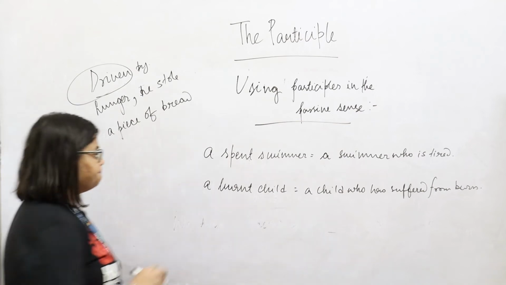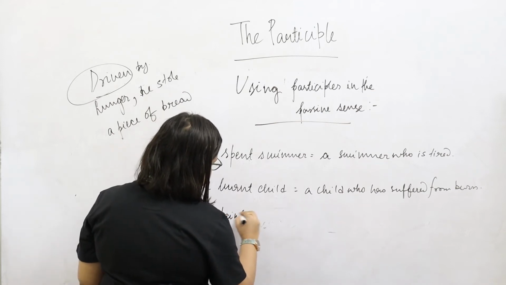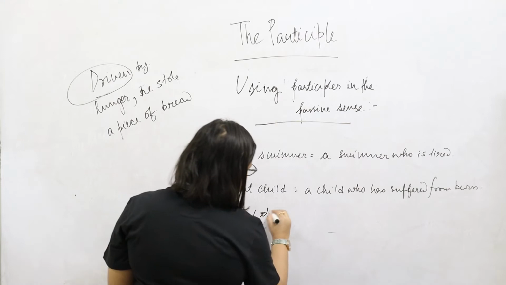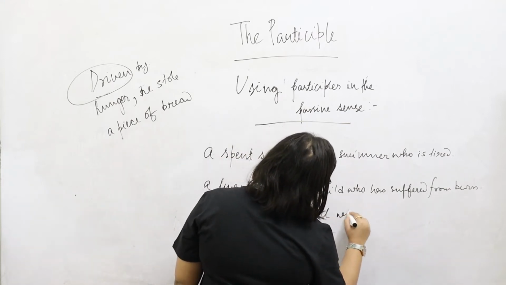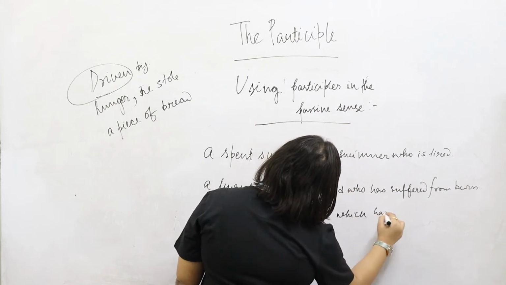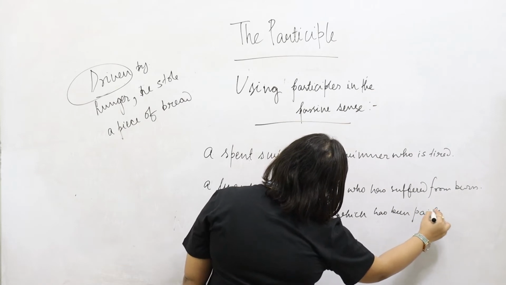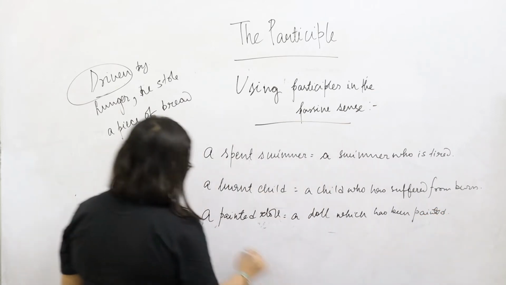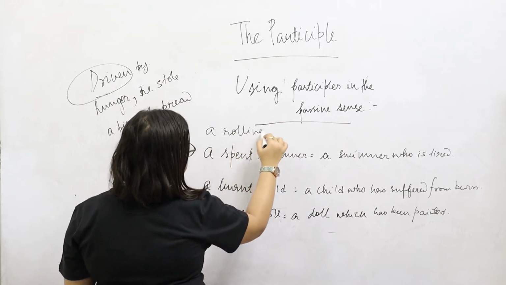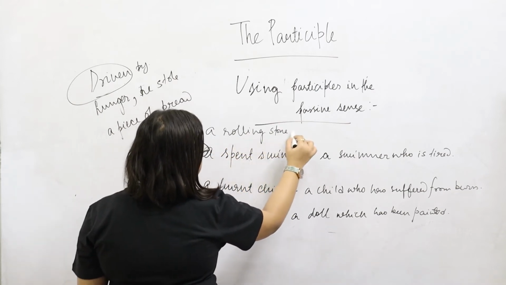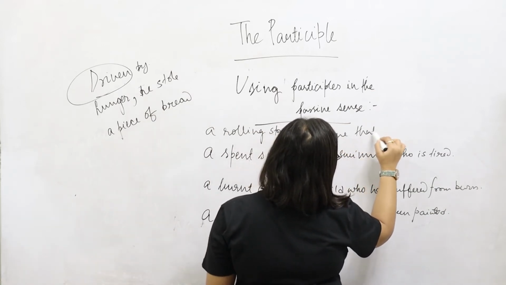We can say a painted doll, which means a doll which has been painted. Then we have, as I had said, a rolling stone, which means a stone that's in motion.